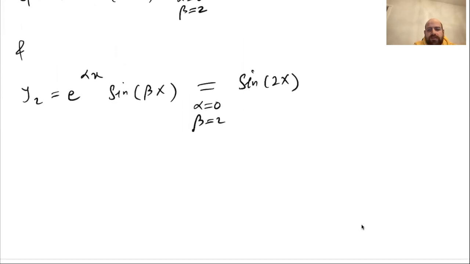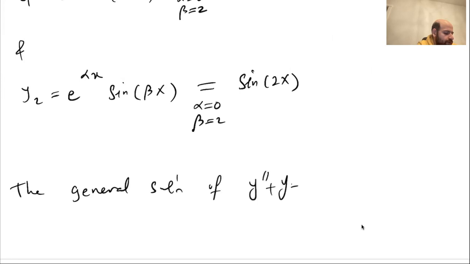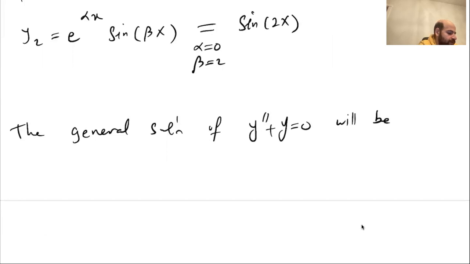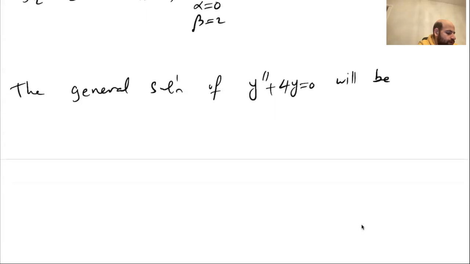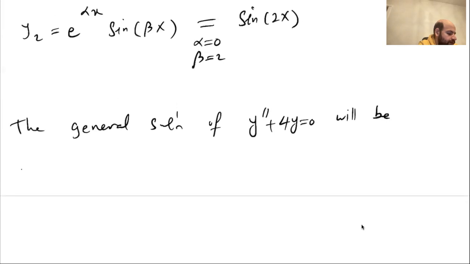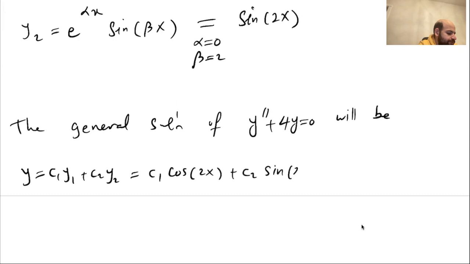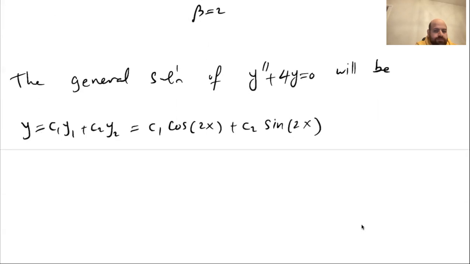So these are two linearly independent solutions, and therefore the general solution of y double prime plus 4y equals 0 will be y equals c1 y1 plus c2 y2. So that's c1 cos 2x plus c2 sine 2x.